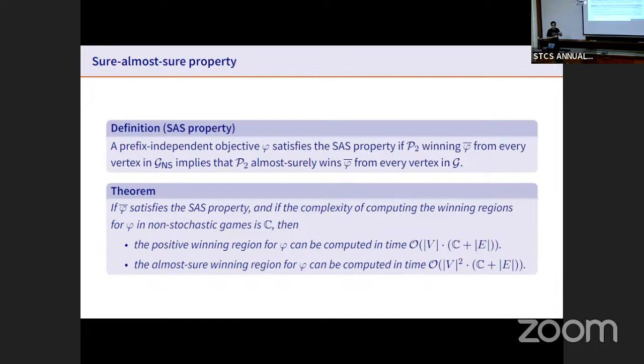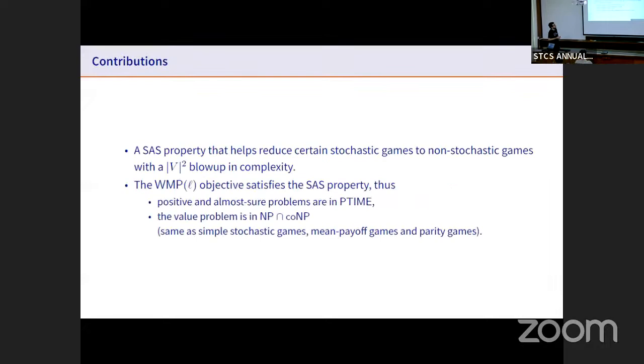And we follow the same algorithm. In the algorithm, we made no use of the window mean-payoff property. We just used phi. And you can then compute the positive and almost sure winning regions. So we have this SAS property in which you can reduce stochastic to non-stochastic games with the V square blow up. And we have shown that these are in P and NP intersection co-NP.